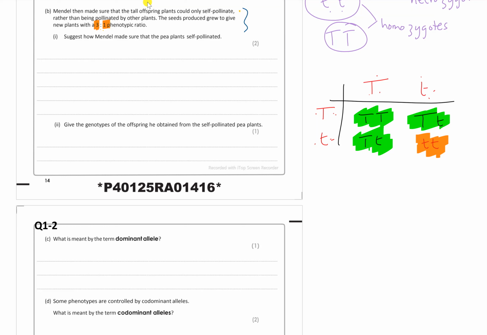Suggest how Mendel made sure that the pea plants self-pollinated.